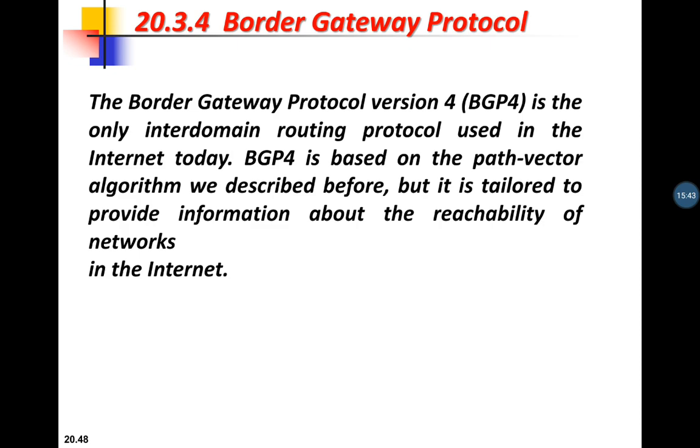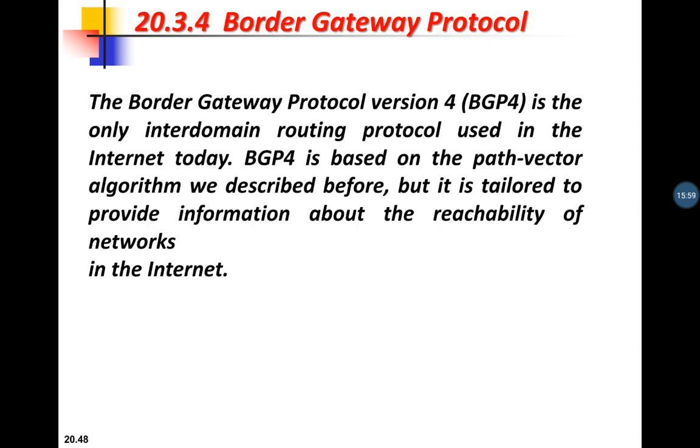Next, let us give an introduction and try to cover a few of the topics of the Border Gateway Protocol. This Border Gateway Protocol version 4 is the only interdomain routing protocol which is used in the internet today.